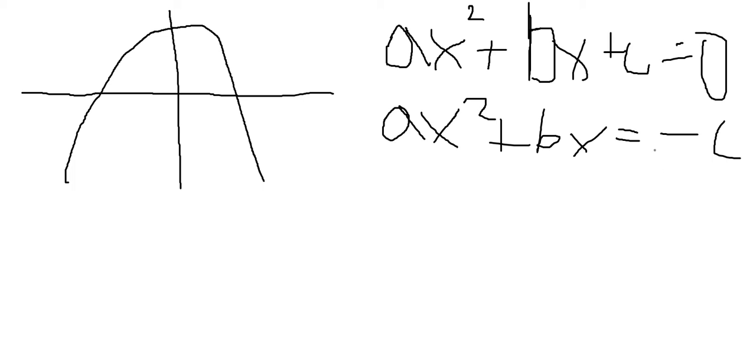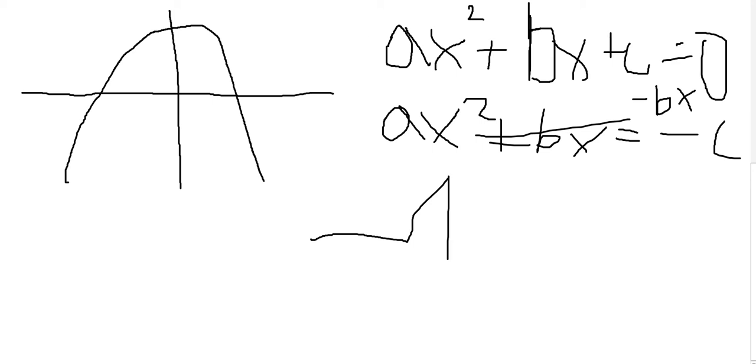So it'll be negative bx minus c. Now what I'll do is take the square root. It just goes into a big process. That's why there's a formula, but I can't show you the formula today. But this is sufficient as of Algebra 1.